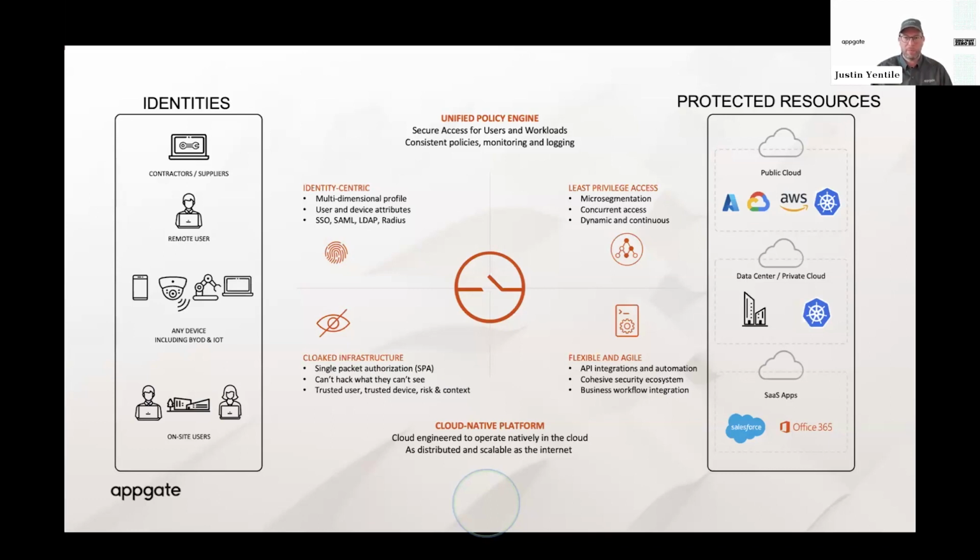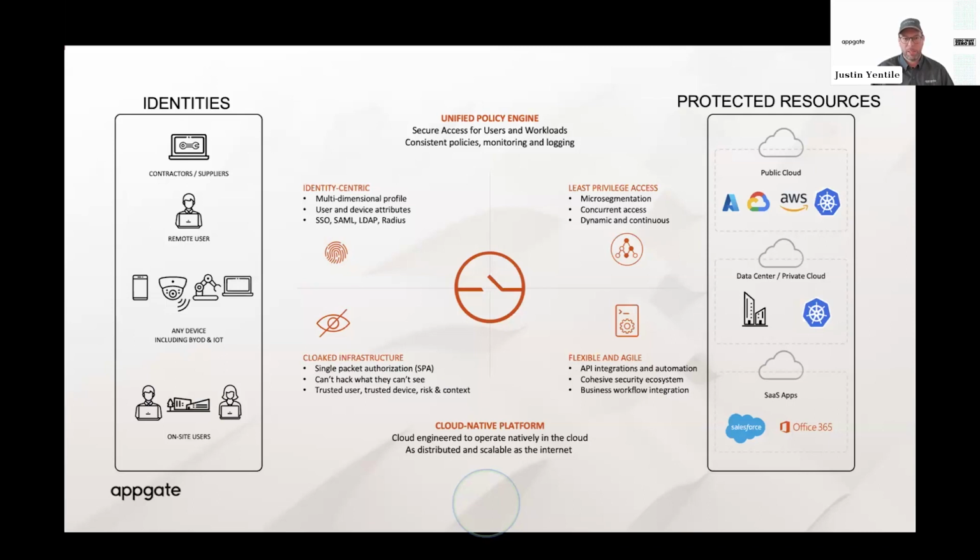But universal ZTNA, in my opinion, is one that really stands out. The key is that Appgate, being a universal ZTNA solution, was designed to work from anywhere, on any device, to help protect any user or any device's access to anything, regardless of where those things are. Some of the other vendors in the ZTNA space are geared more towards being remote access solutions exclusively.